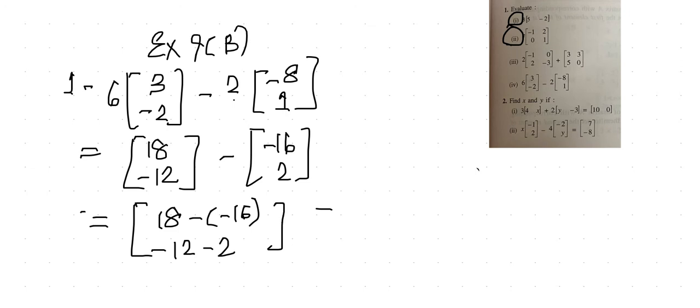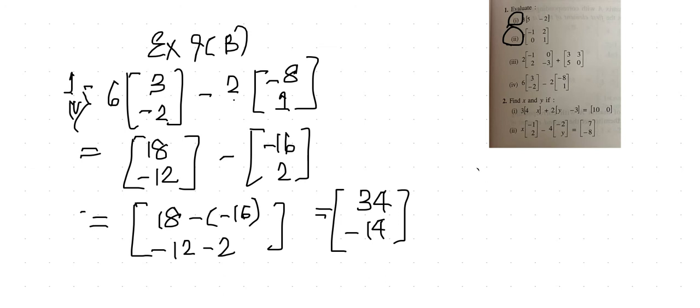So how much is this going to be equal to, children? 18 minus minus 16 is 18 plus 16. So this is going to be 34 and then this is minus 14. Okay, so this is the value that you are getting. So this was sub question 4. So this was an easy one.